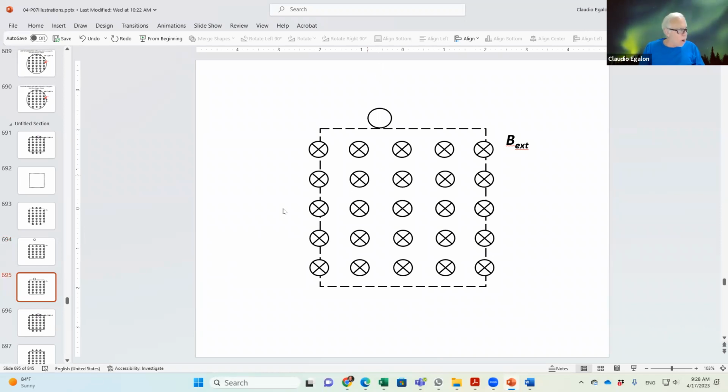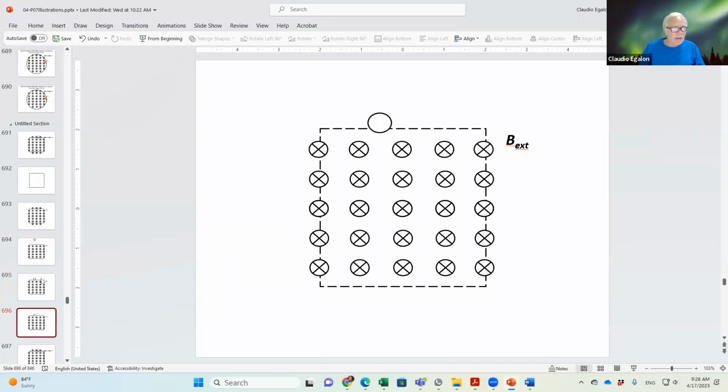But the moment it starts to cross that region with an external magnetic field, there will be a change in magnetic flux. At this moment in time, the magnetic flux is 0, right? At this moment in time, magnetic flux is 0 as well.